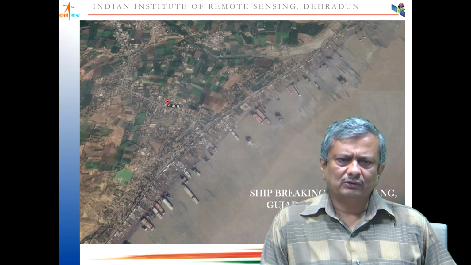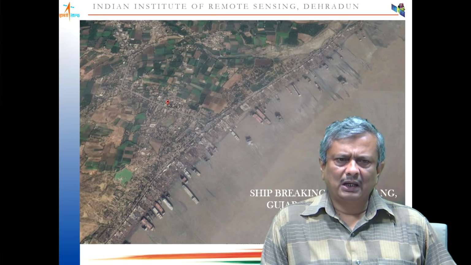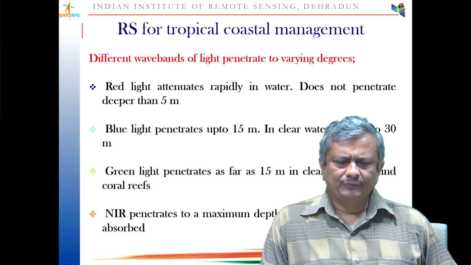And there are a lot of other sociological issues in the Alang ship breaking yard particularly. So this is also one area where maybe we earn money, but there are a lot of concerns we should take care of, particularly from the health, hygiene and environmental point of view in the Alang coastal area.